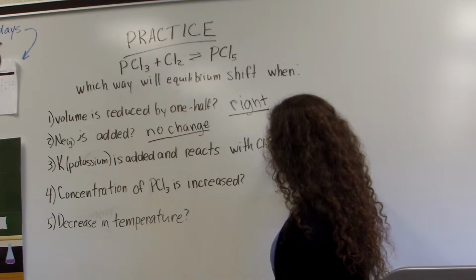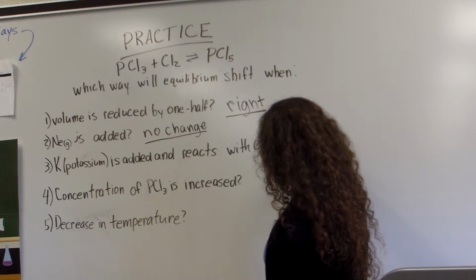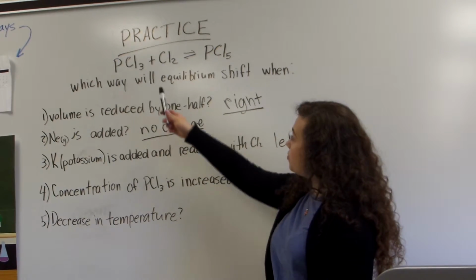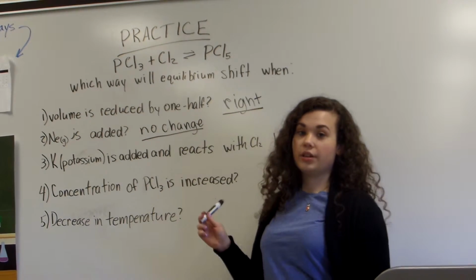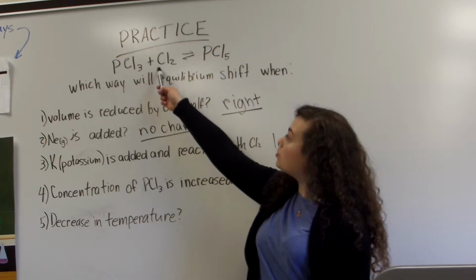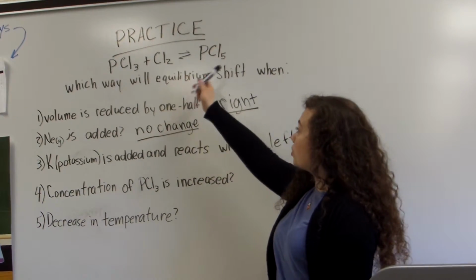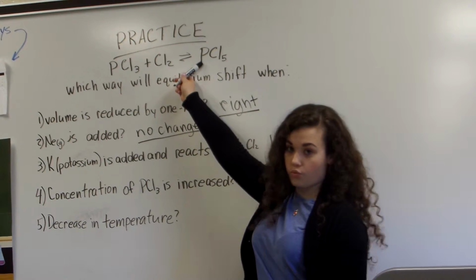So left. If the concentration of PCl3 is increased, that means that there will be too much on this side for equilibrium to be maintained. So the reaction is going to shift right.